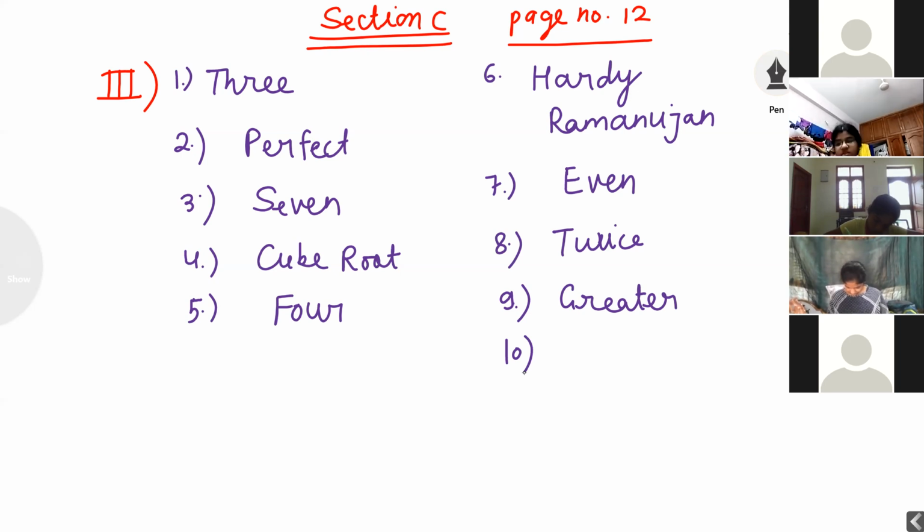Cube root of a negative number is always negative. Yes.